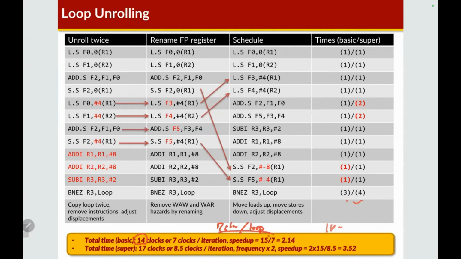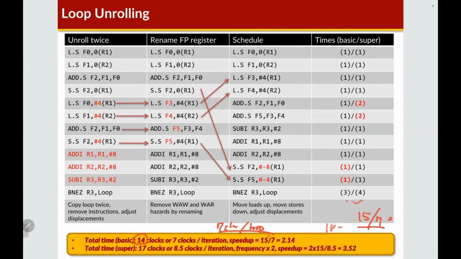So what is the performance improvement? It's 14 divided by 7, which is 2.14. So what is the benefit? By unrolling the loop and applying optimization to a bigger basic block, we can improve the performance by more than twice.